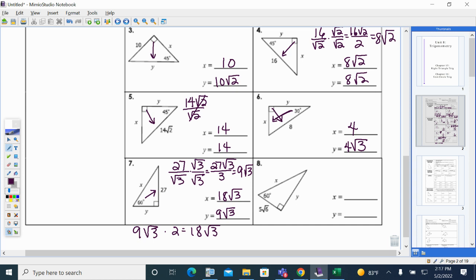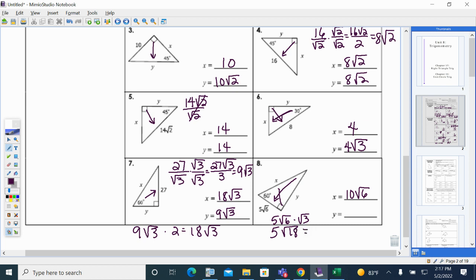Number 8, you've got the short leg. 5 times the square root of 6 is the short leg. We'll double that to get the hypotenuse. So 10 square root of 6 is going to be the x. And if I take 5 times the square root of 6 and multiply by the square root of 3 to get the long leg, I get 5 times the square root of 18, which needs to be reduced.